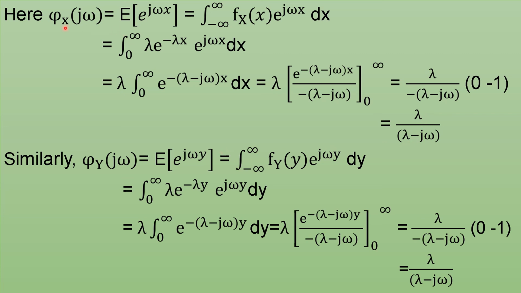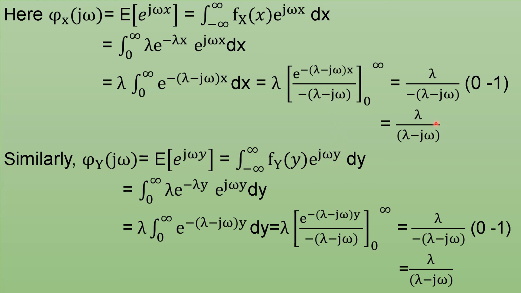In the same way you can calculate the characteristic function of y, phi y of j omega. Instead of x, now it is y. Rest of the calculations are similar to this. Just replace x by y.